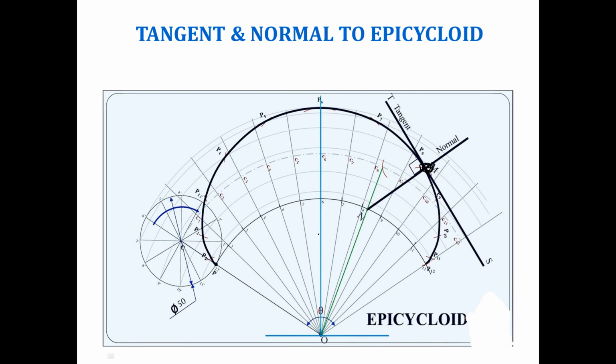Next, take your compass and measure the radius of the rolling circle, which is nothing but your CP. Now place that compass length at point M, from where you need to draw your tangent and normal.